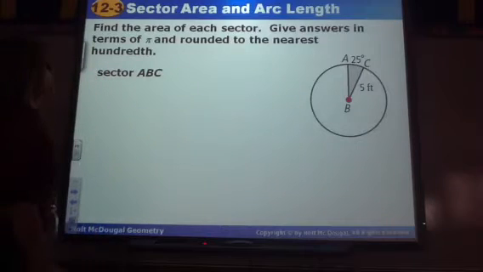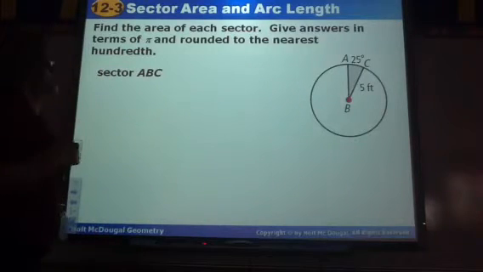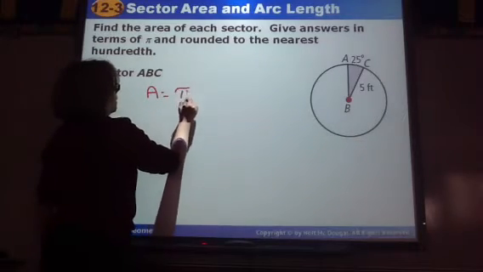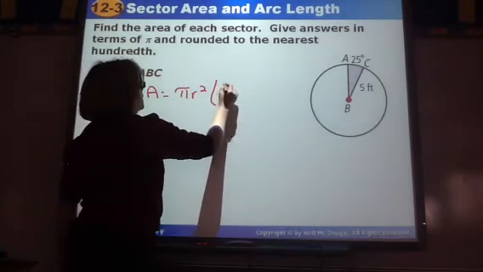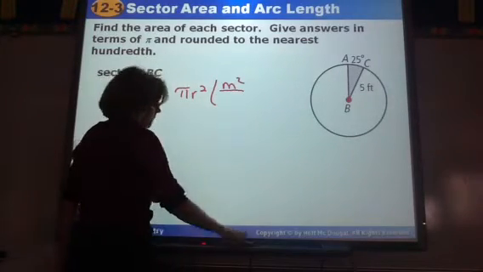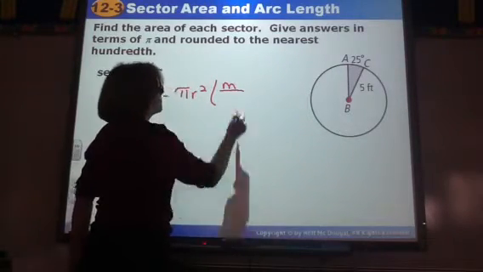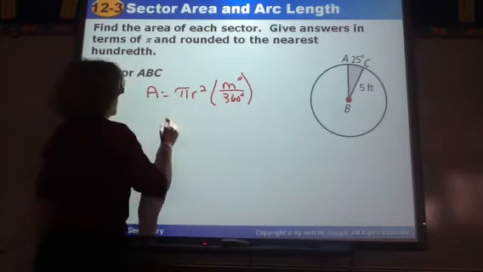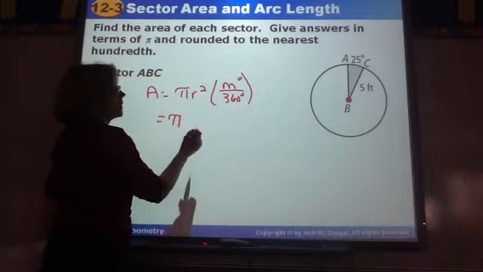Okay, find the area of each sector, give answers in terms of pi, and round it to the nearest hundredth. We're going to do it again. So always start with your formula. Area of the circle times the arc, or the central angle measurement, divided by 360. Okay, so my radius is 5.